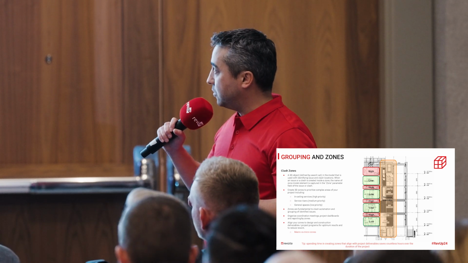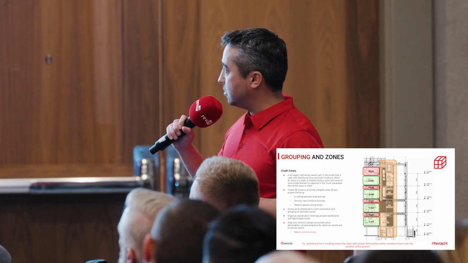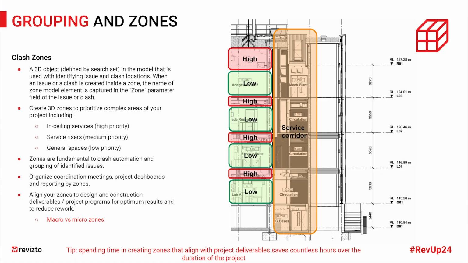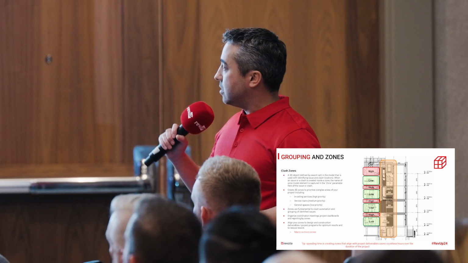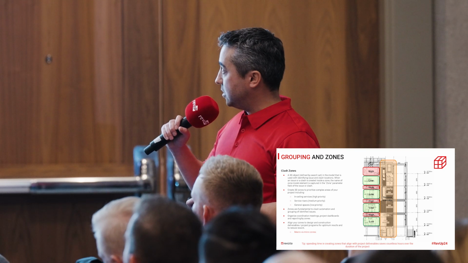And then I'll use my filter to only look at the high priority or the service corridors. That's really good in the design phases of the project because you don't need to work out all the minutia yet. You can leave that to the contractor anyways to figure out that lower priority low-hanging fruit. So that's one way you can use the zones.